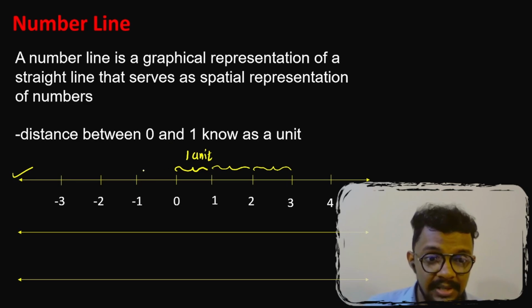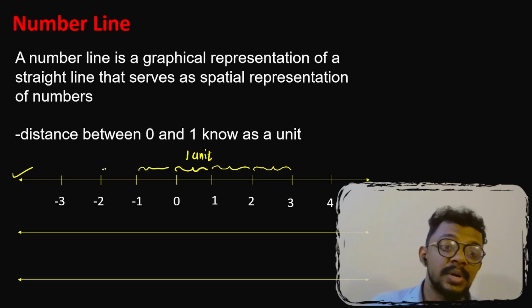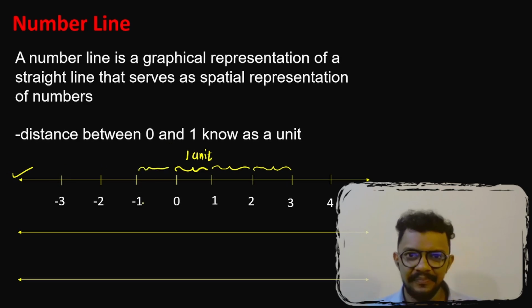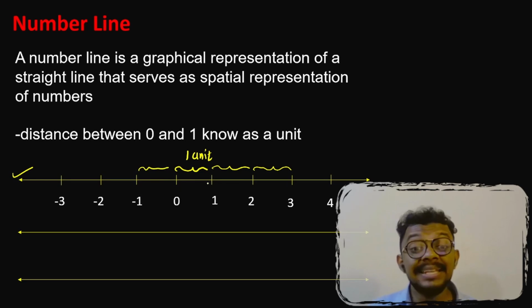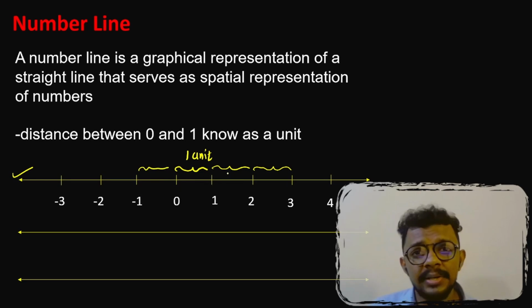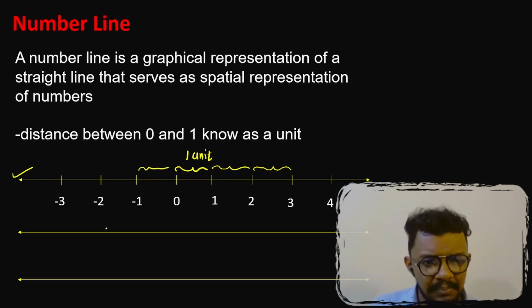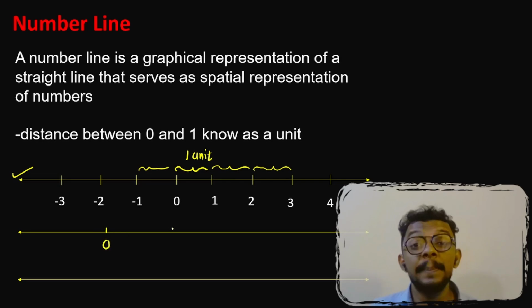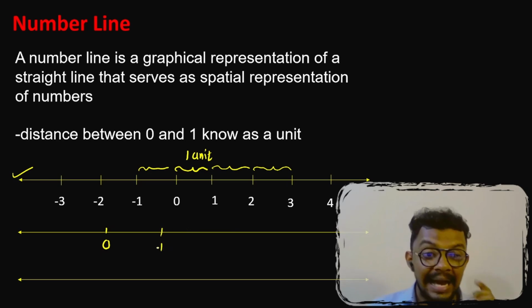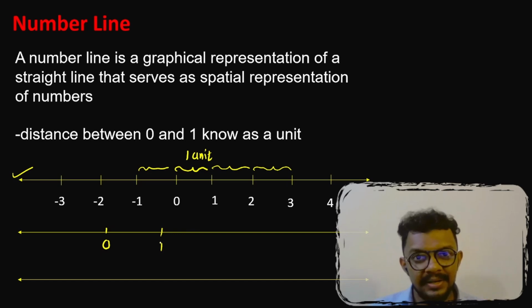Okay, here 1 unit left: minus 1, minus 2, minus 3, etc. Don't think we always have to write it. Sometimes I'm representing 0 here, and I need a big unit, then I'm representing 1 almost here. It's also fine. Till now it's fine.